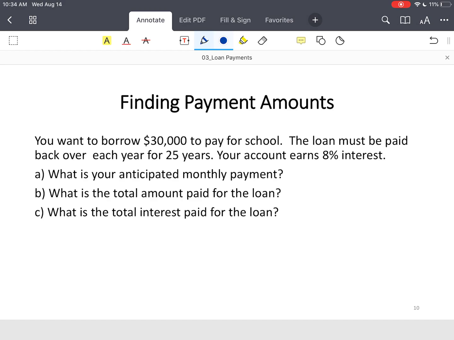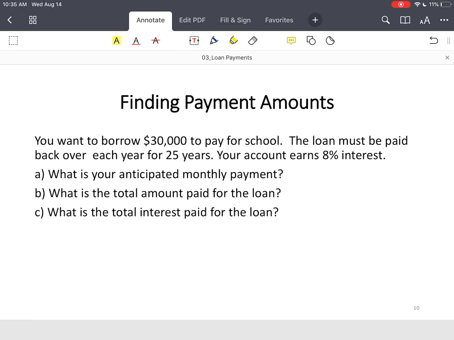What is your anticipated monthly payment? What is the total amount paid for the loan? What is the total interest paid for the loan? So it's the same exact problem. It's a little different. We don't have a down payment here, so it's just an A, B, and C. So first thing we're gonna do, monthly payments, total amount paid, total interest paid.